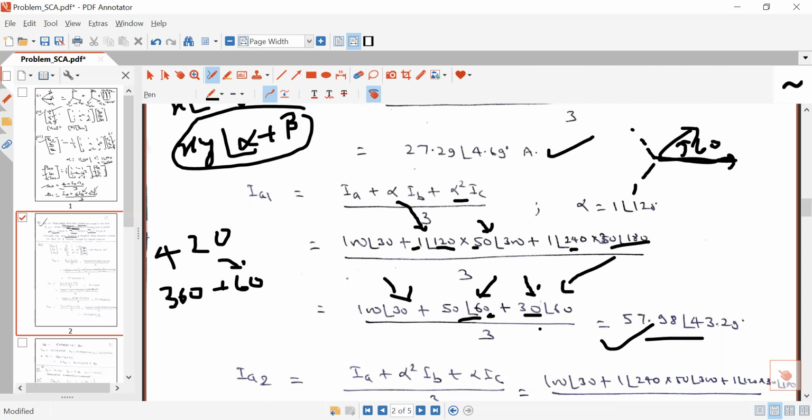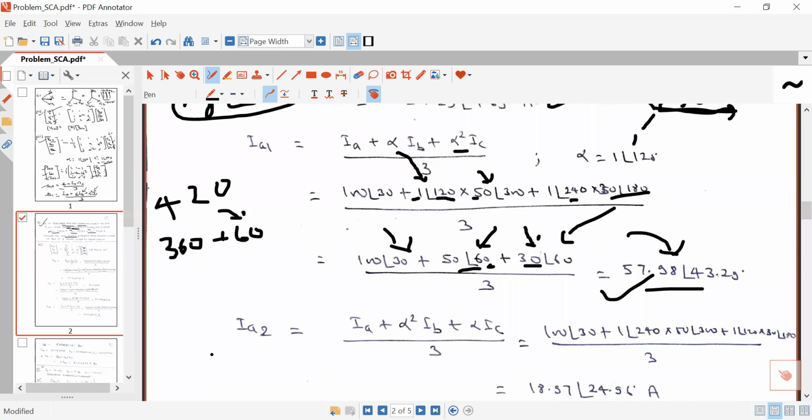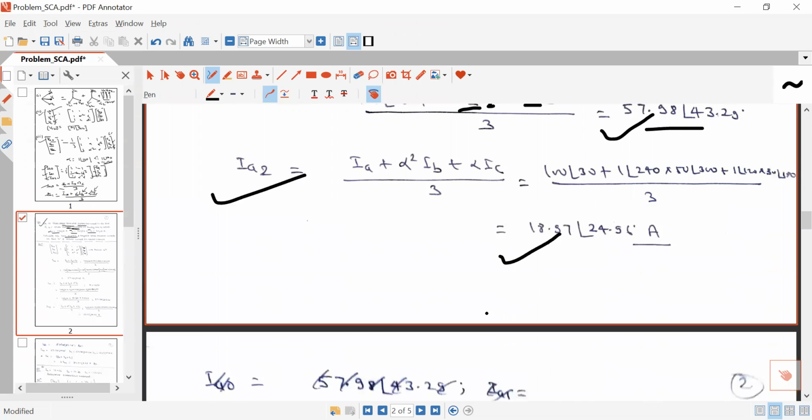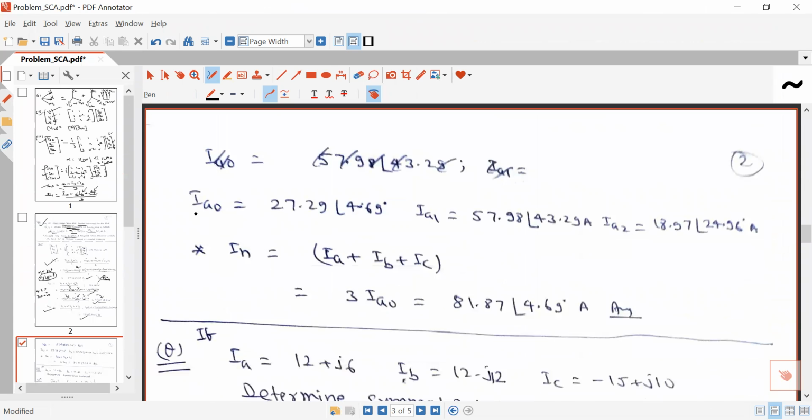Addition will be done in rectangular form, and when you get the expression in rectangular form, then finally you have to convert it into polar form. Similarly, you can get the value of IA2. So in this way, you can calculate the values of IA1, IA2 and IA0. So these are the answers.